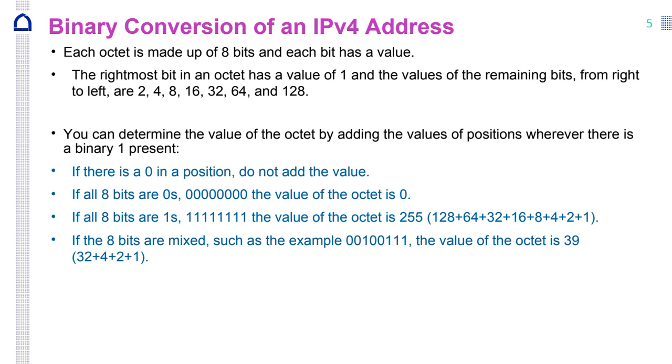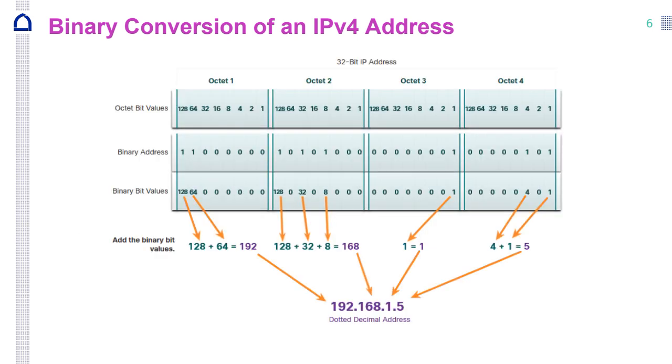So how much? Yeah, that's the fastest way. If you want to do it slowly, 1 plus 2 plus 4 plus 0 plus 0 plus 32 plus 0 plus 0. And we have done this conversion. We are experts now.